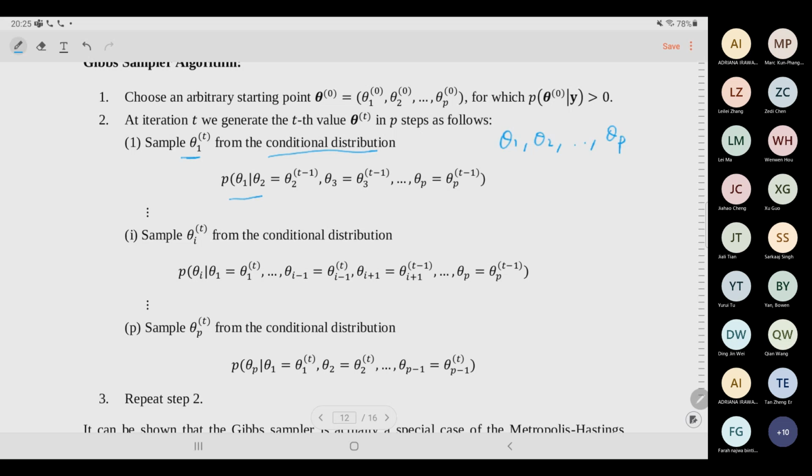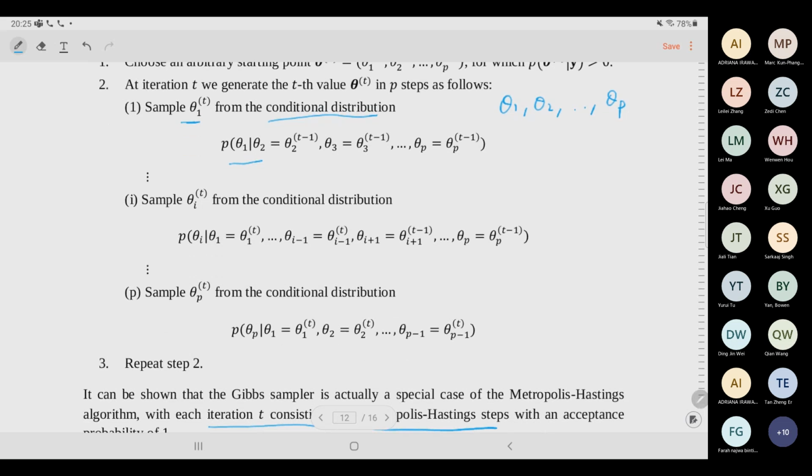This is called single step multiple testing, meaning that we actually update one parameter at a time. When we update theta 1, theta 2 up to theta P are not updated yet.